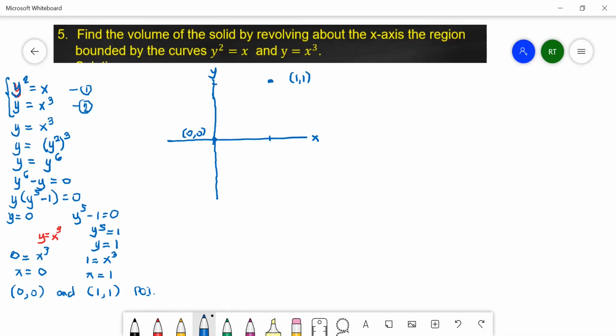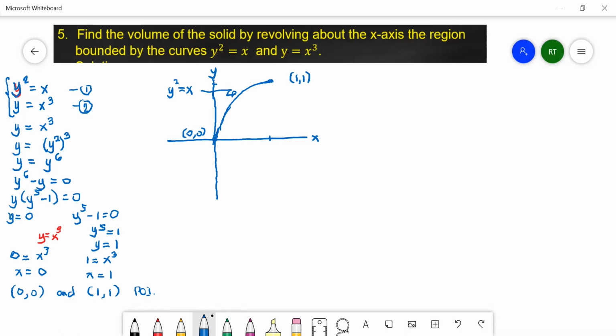Now, if we are going to draw the parabola y squared is equal to x, or x is equal to y squared, it is a parabola opening to the right with vertex at the origin. So this is the representation of y squared is equal to x. Now, if we will graph y is equal to x cubed, when x is 0, y is 0.